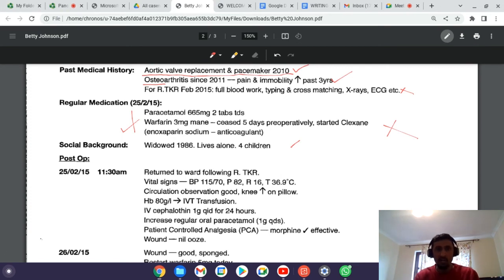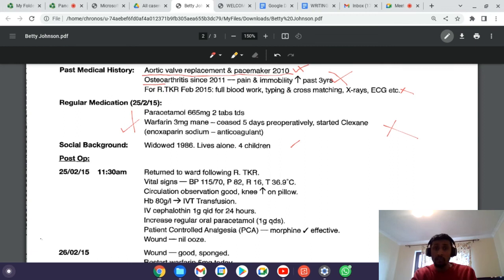That means aortic valve replacement and pacemaker are not relevant because the patient's GP knows about this. Osteoarthritis is not relevant because the GP knows about this. It is a past 3 years case. The patient came from the GP side to the surgery.